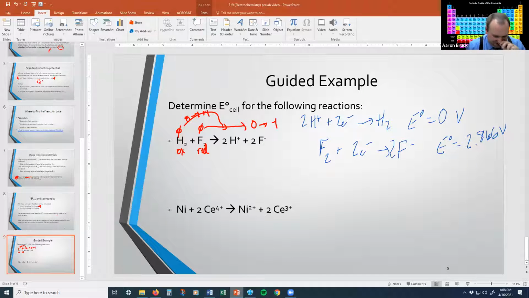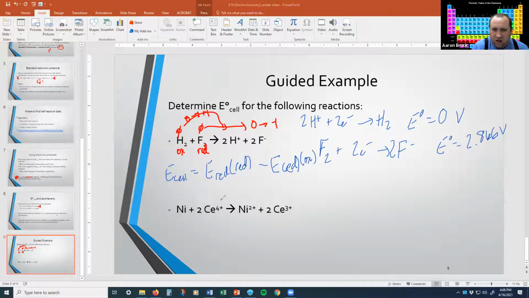Since I've identified the oxidation and the reduction, Ecell is equal to the reduction potential for the cathode, which is what was reduced, minus the reduction potential for the oxidation.